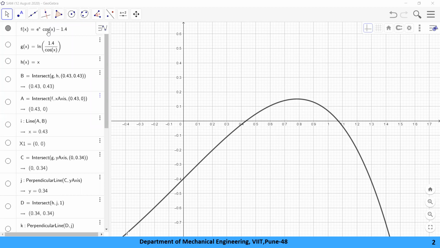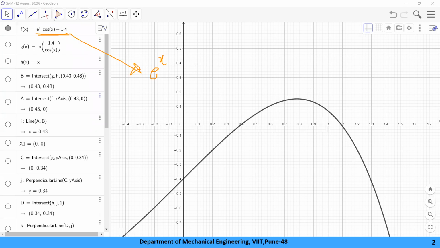So we are going to apply the successive approximation method, in which step number 1 is to convert this equation, this f(x), into a g(x). So this was our function. तो इसको मैनिपुलेट कर लेते थोड़ा, कैसे करेंगे? I'll show it here. This is e^x cos(x) - 1.4.